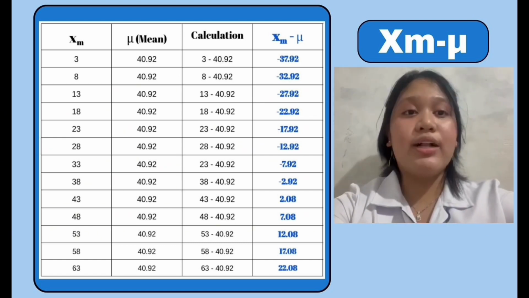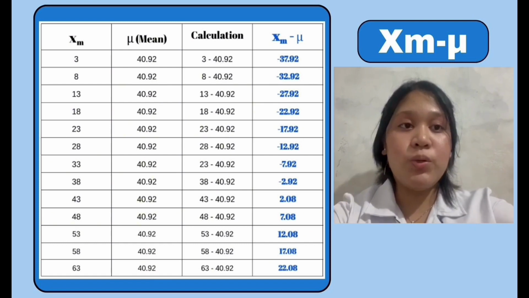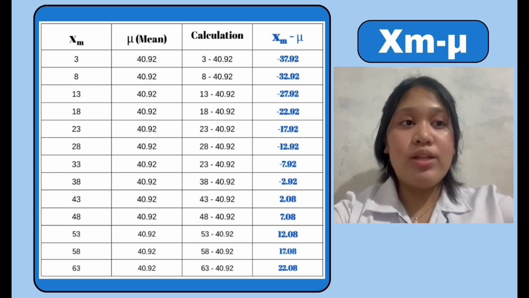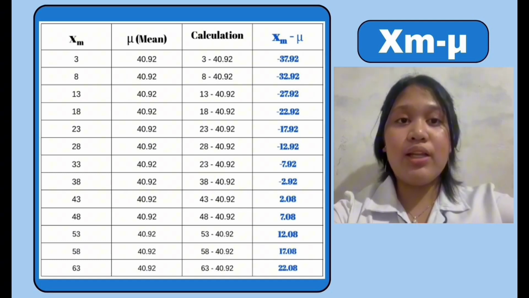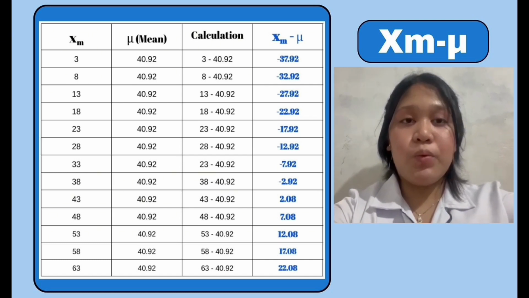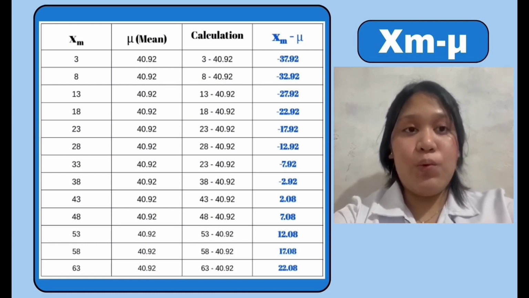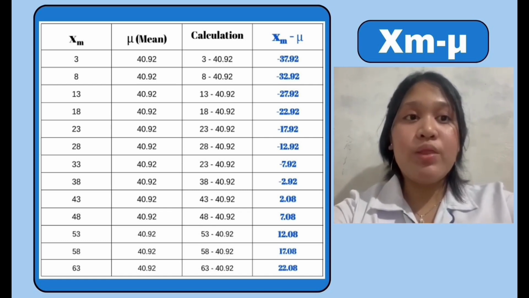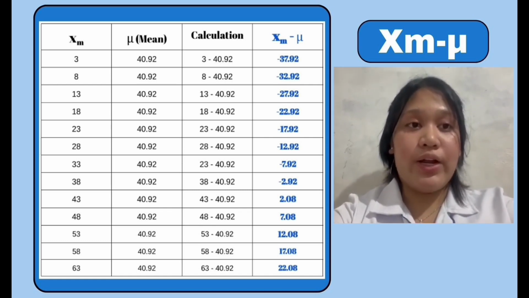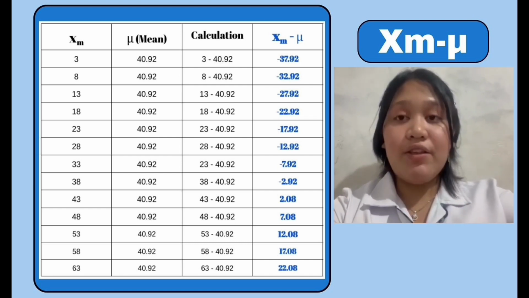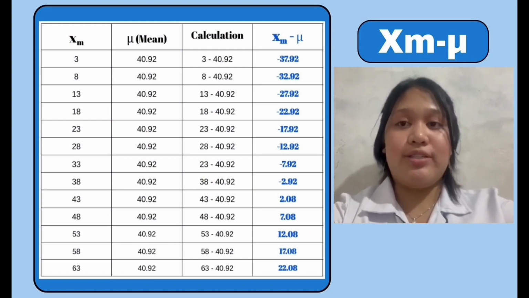The calculated values in the xm minus mu column are negative 37.92, negative 32.92, negative 27.92, negative 22.92, negative 17.92, negative 12.92, negative 7.92, negative 2.92, negative 2.08, 7.08, 12.08, 17.08, and 22.08.